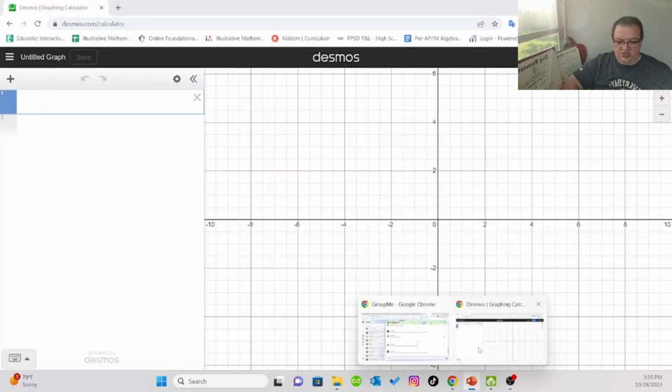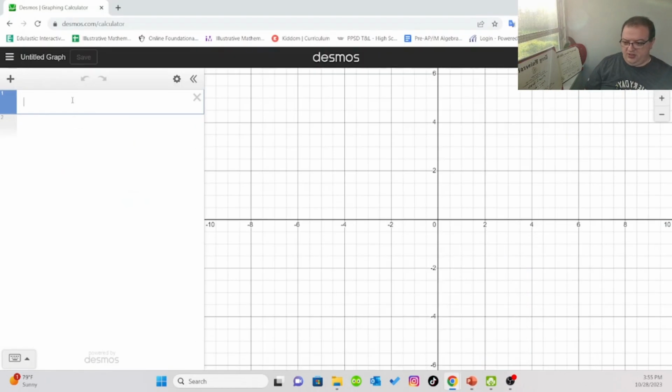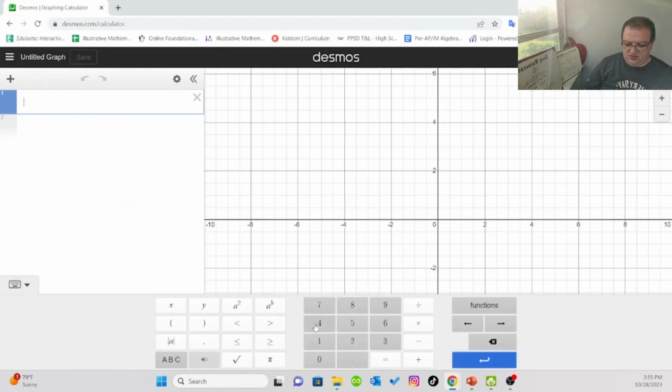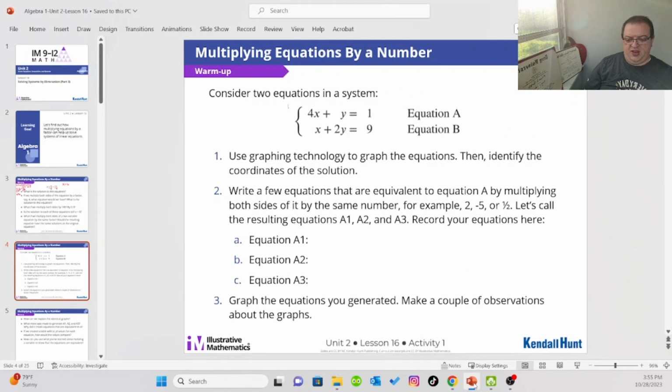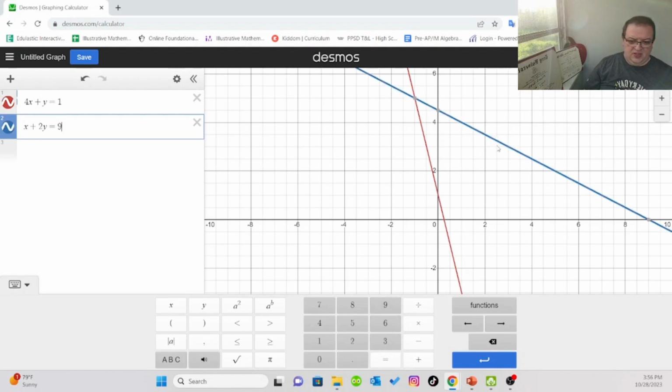We have an equation 4x plus y equals 1. So that would be this red line here. Then we also have x plus 2y equals 9. That would be this blue line here.